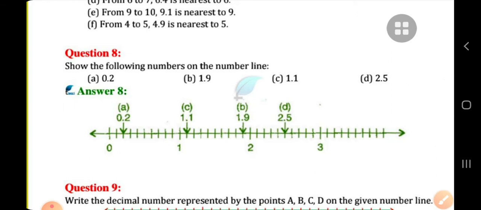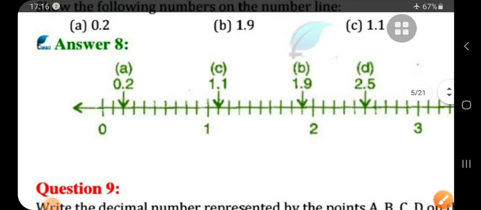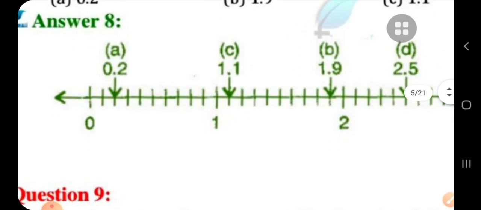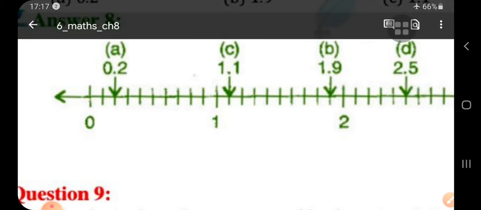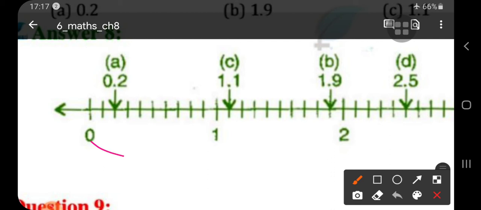Show the following numbers on the number line. So here is a number line. First of all, draw the number line and divide these numbers into 10 equal parts. This means 0 to 1.